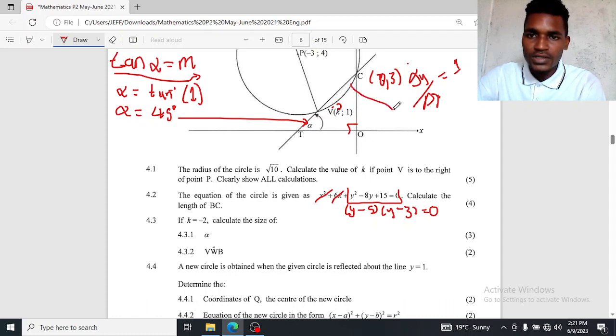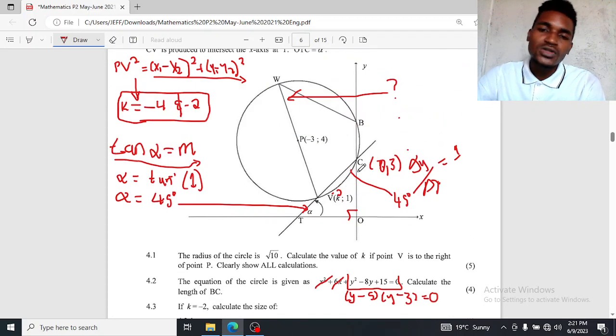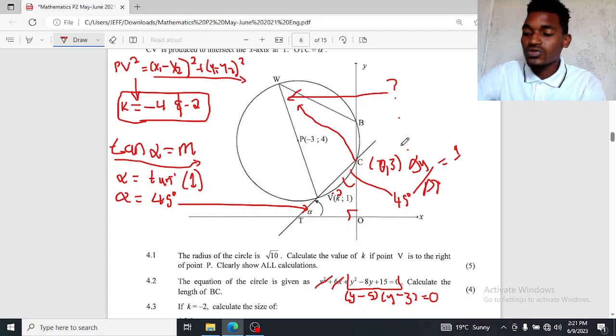So we know that this is also 45 degrees, because the angles of a triangle add up to 180: 45 plus 45 plus 90 is 180. We can also use the theorem that the exterior angle of a cyclic quad is equal to the opposite interior angle. So that means VWB is also 45 degrees.